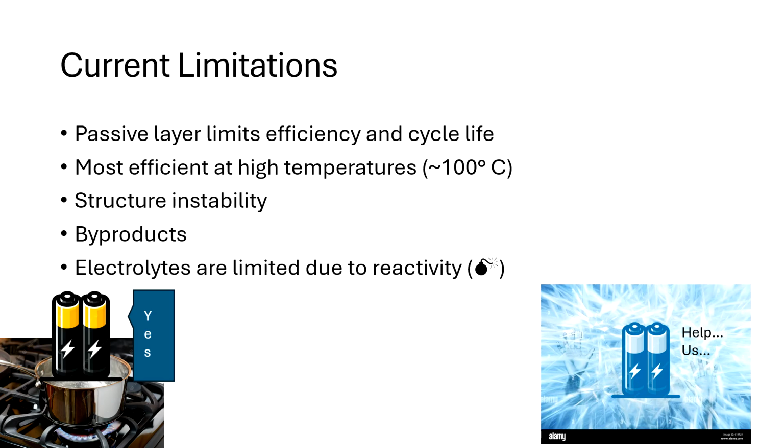Another thing is that, remember back when I was giving that history lesson, one of the reasons that calcium-ion batteries were tabled as a possible option for energy storage was that they operate very well at high temperatures. But this also means that they are the most efficient at high temperatures.